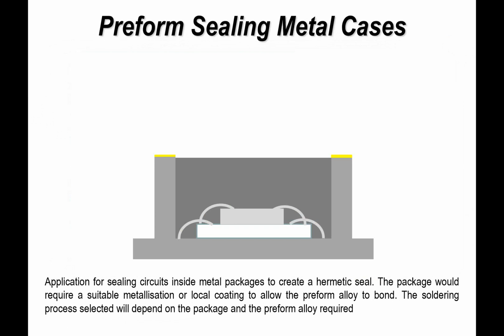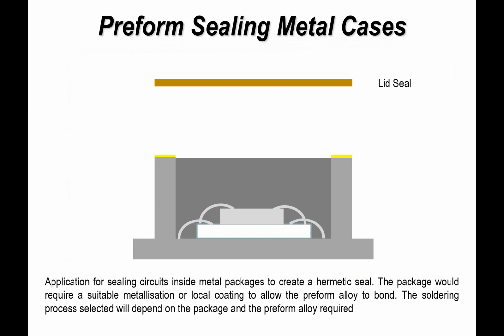My final example, again, is a pretty typical example from connectors, housings, etc., where we're actually forming a seal, a cavity seal. So in this example, we've got an enclosure. It's got metallized surfaces where we're going to actually make a solder joint.